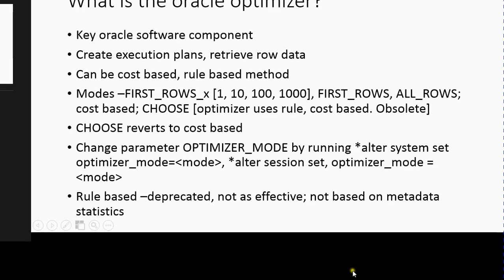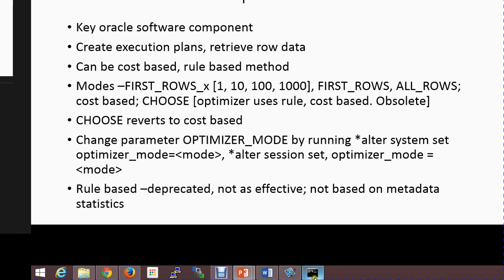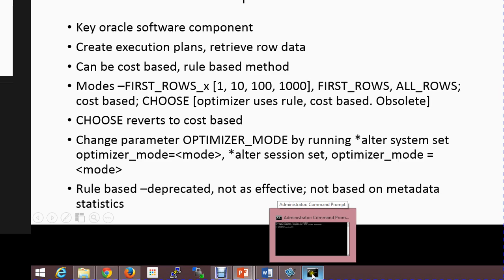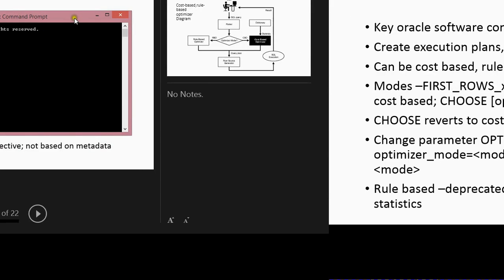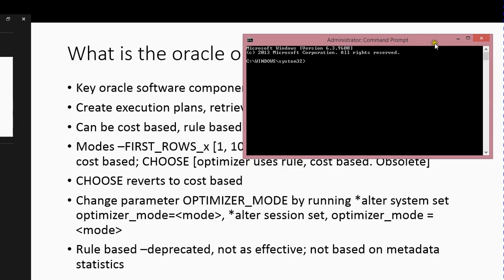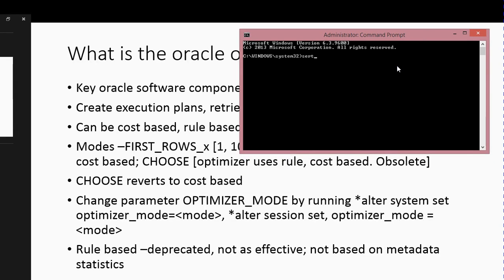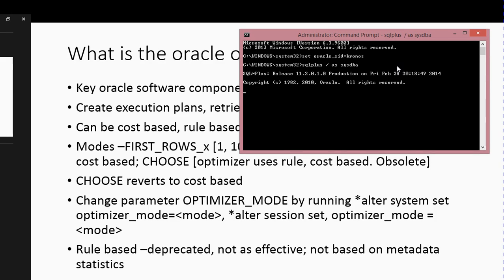So I'm going to show you now how to basically just get a sense of what the different values are for your optimizer mode parameter. So I'm going to log into one of my databases, and I'm going to see what optimizer mode is enabled.